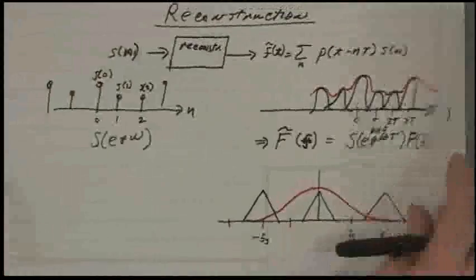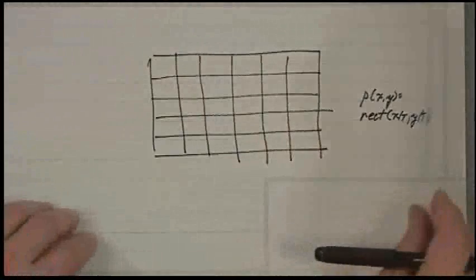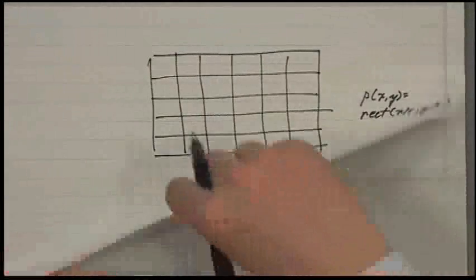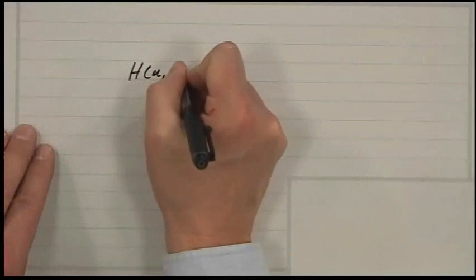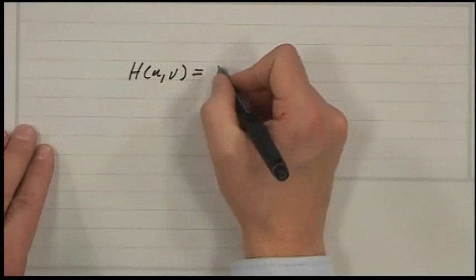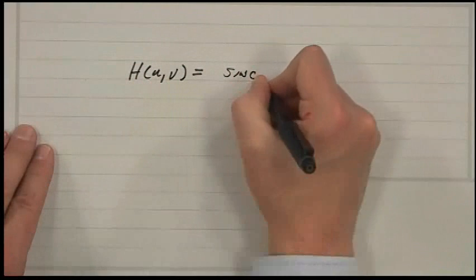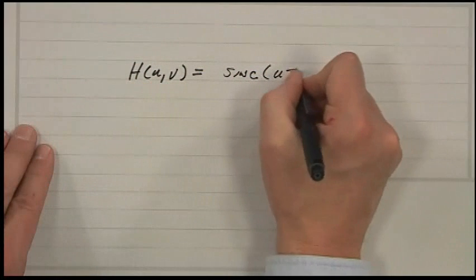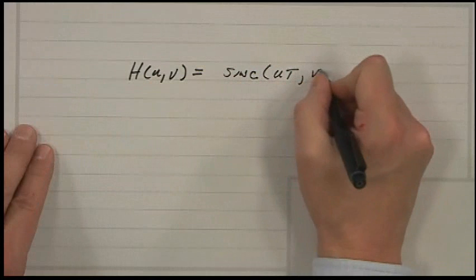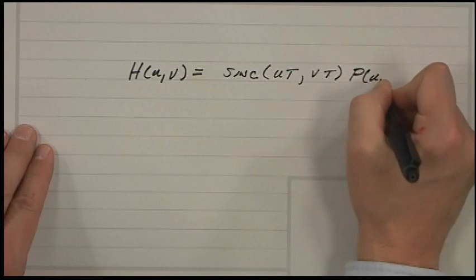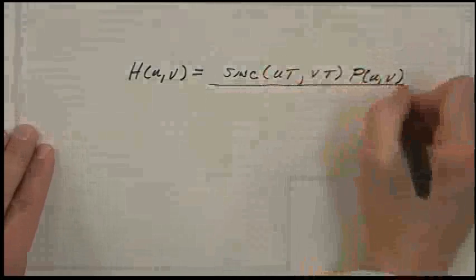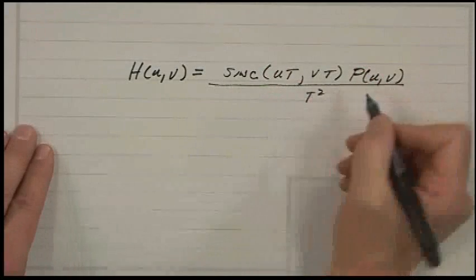So H of UV is equal to Sinc of UT times VT times P of UV over T squared, right?